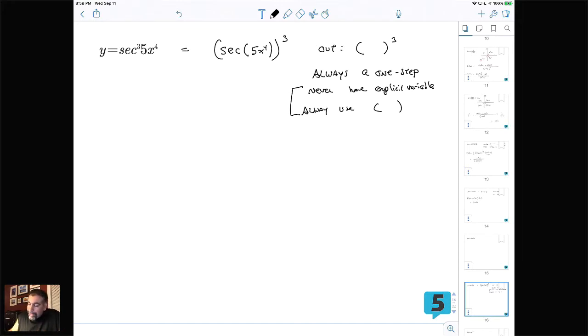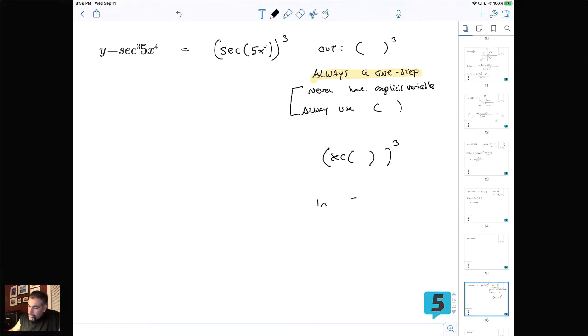So some people might say, well, why isn't secant of something cubed the outside? Because I've got the one step, I've got the somethings, I don't have a variable. It goes back to this part. It has to be a one step. There's no one step that says secant something to the n. That's not a one step. That's why the outside function has to be something cubed.